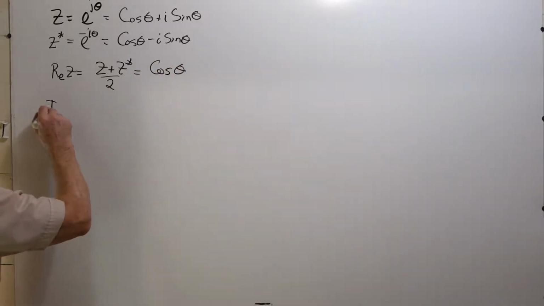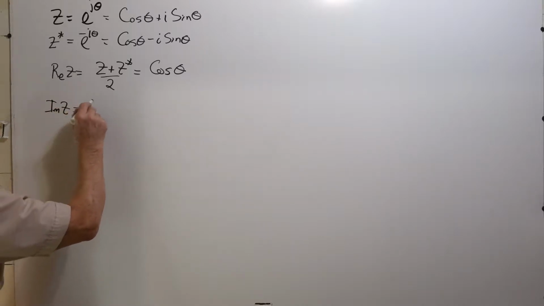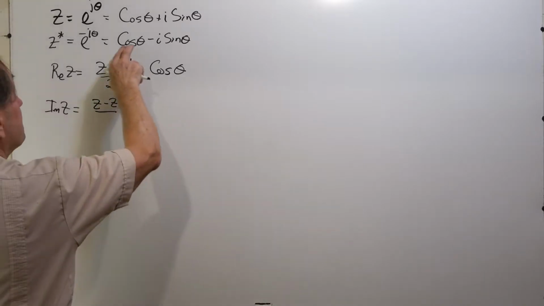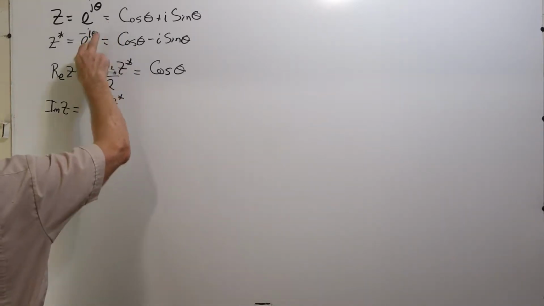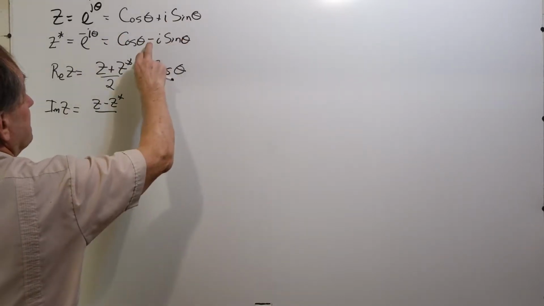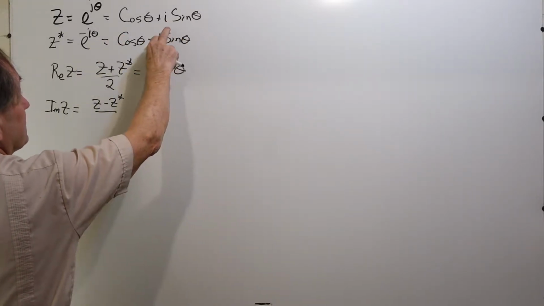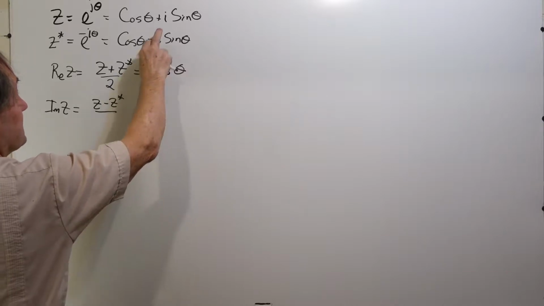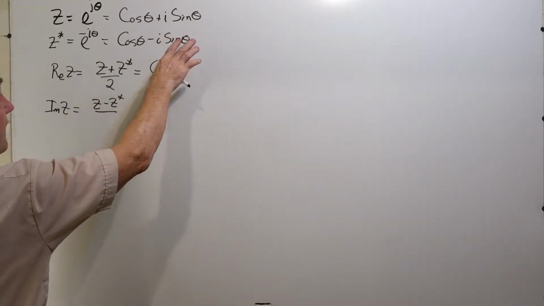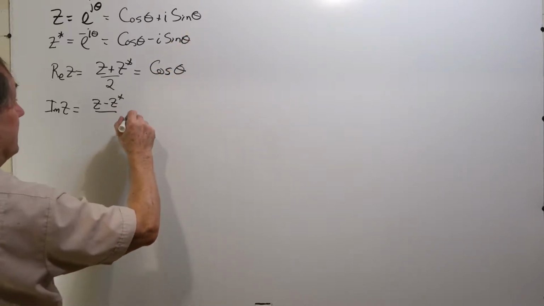And likewise, the imaginary part of z is going to be z minus its conjugate. If we subtract the conjugate from z, the cosines go out, and i sine minus minus i sine is the same as adding these two, so we get twice i times the sine.